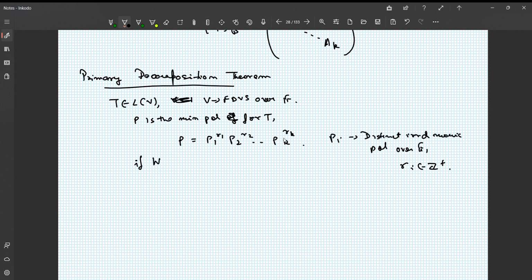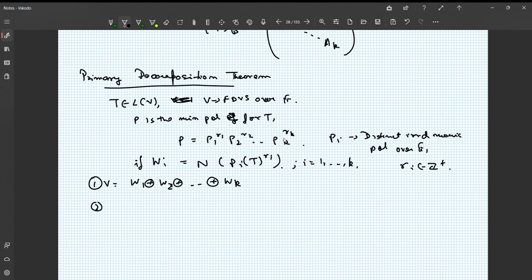Then we said that if Wi is the null space of pi(T) to the power ri, where i equals 1 to k, then V is a direct sum decomposition of these null spaces. So it's W1 direct sum W2, and so on till Wk. This is the first point.